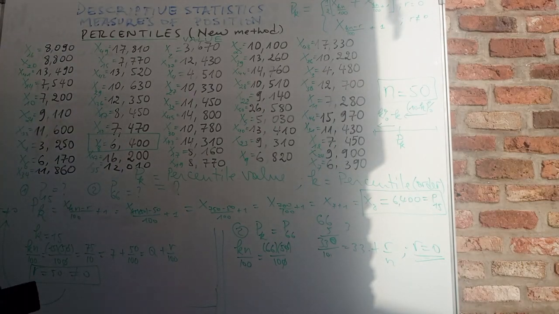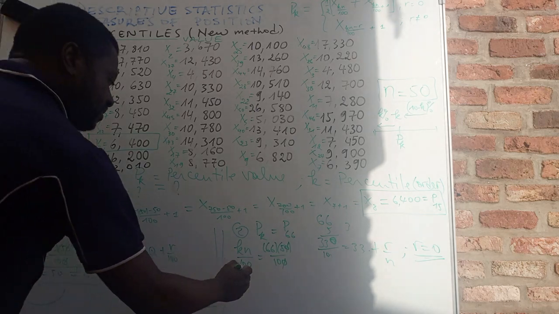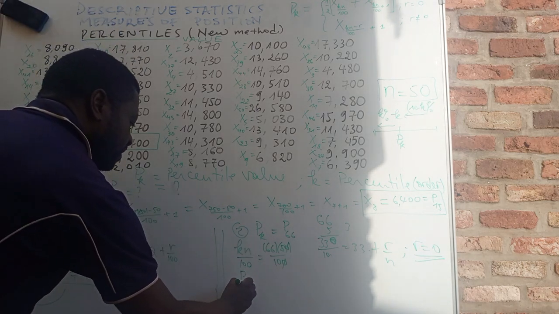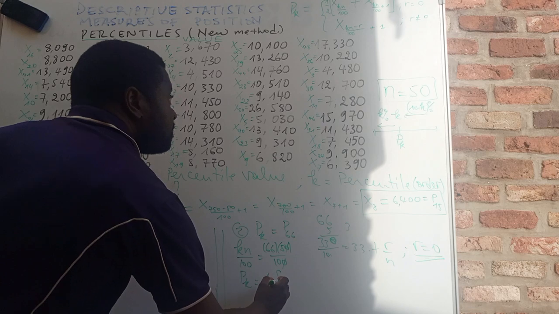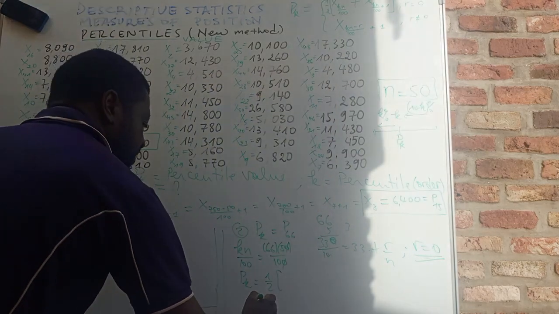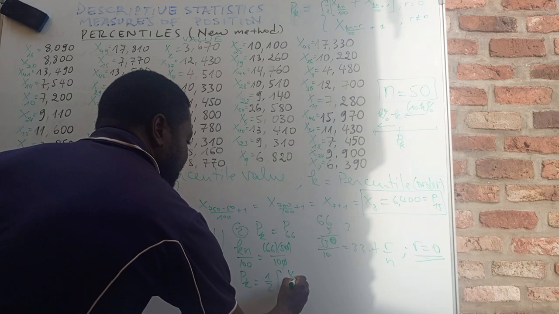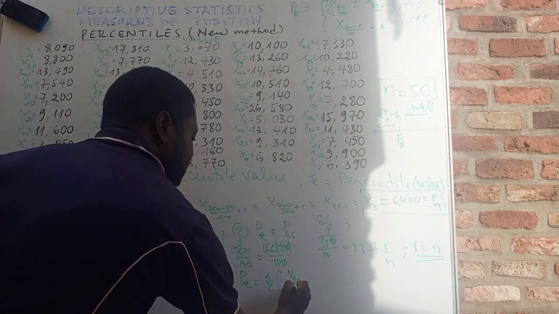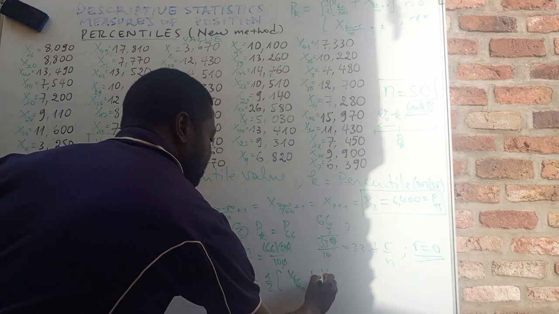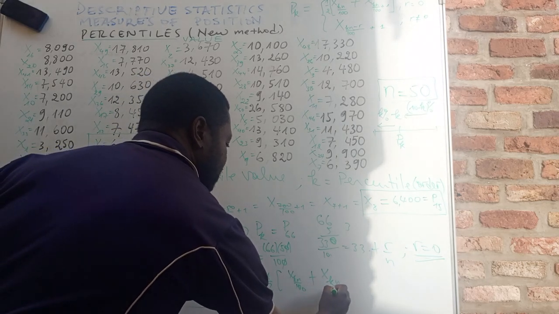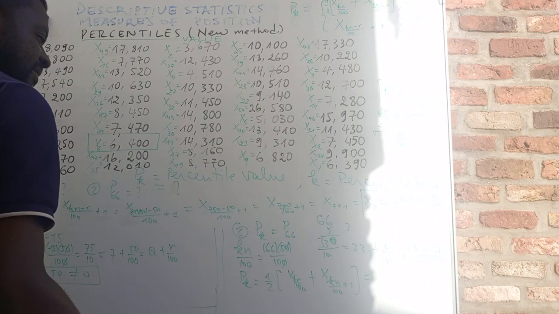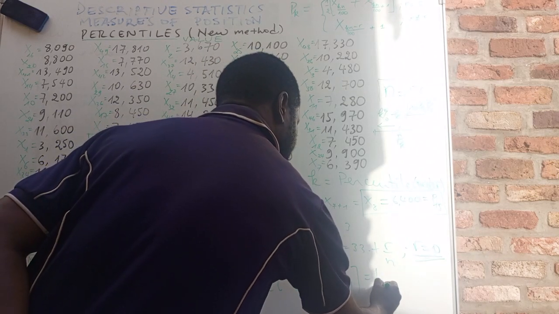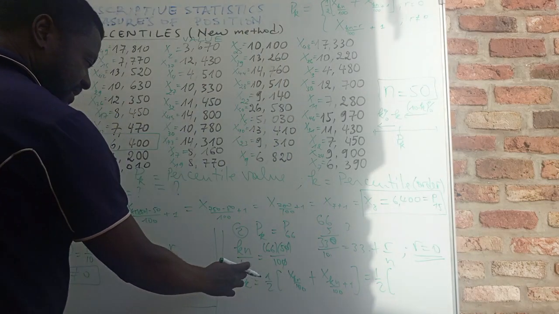So in this case we are going to use the formula according to which pk is half of, because the remainder is equal to 0, I use the first formula: x sub kn over 100 plus x sub kn over 100 plus 1. So what is it? Taking k equal to 66, we will have half of, we have already calculated this ratio.